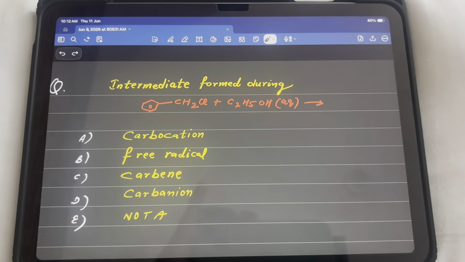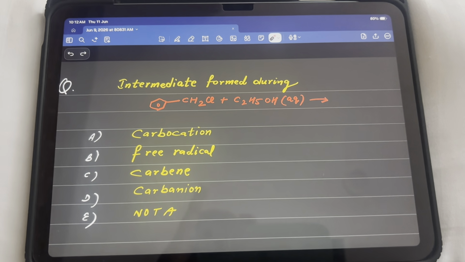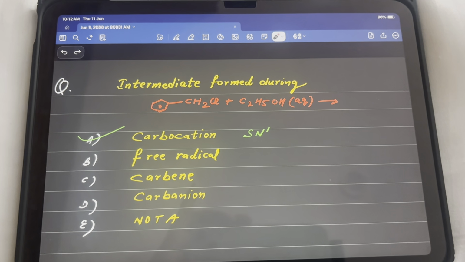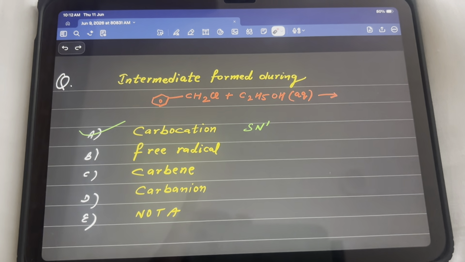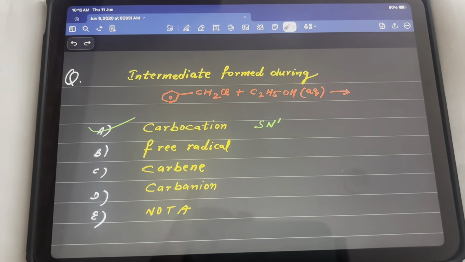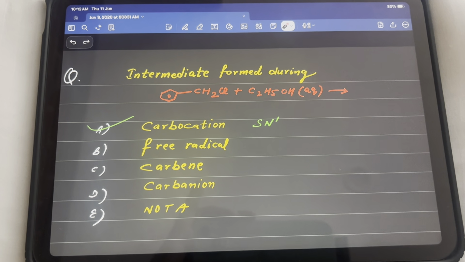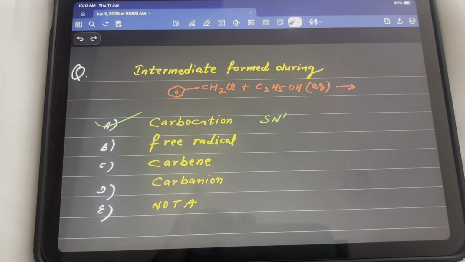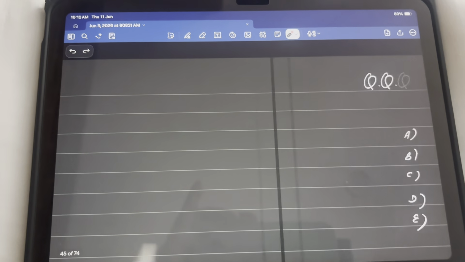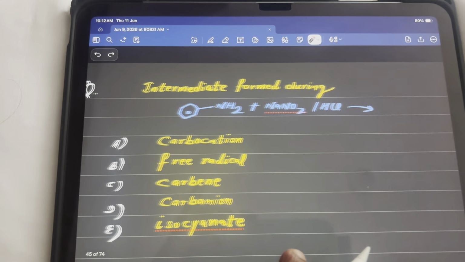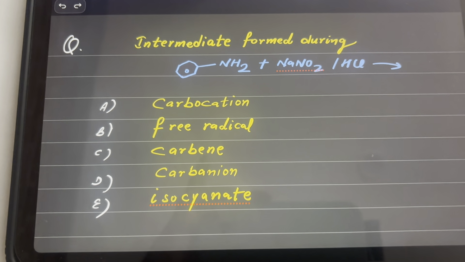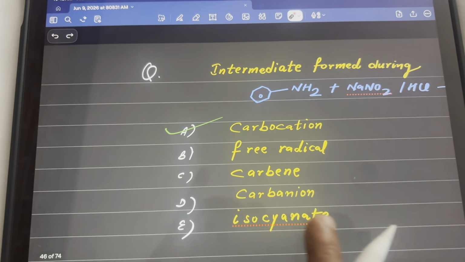Answer is very clear, carbocation. It will proceed by carbocation mechanism. First hydrolysis, and then C2H5OH, a very weak nucleophile, will attack. So carbocation formation, SN1 mechanism. Another question on your screen. So let's see what should be the intermediate of this reaction.